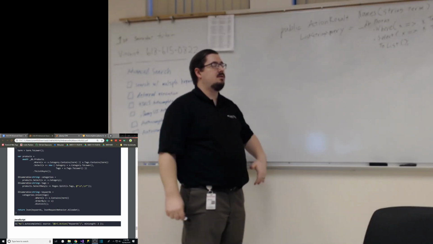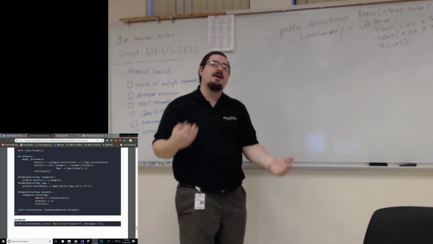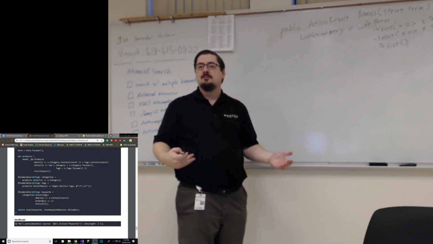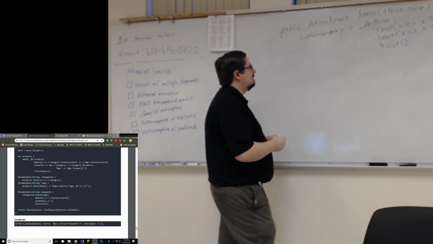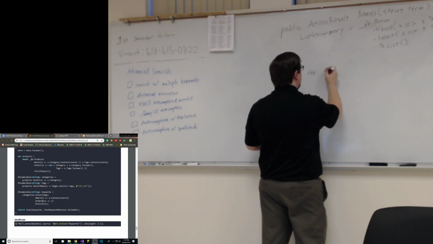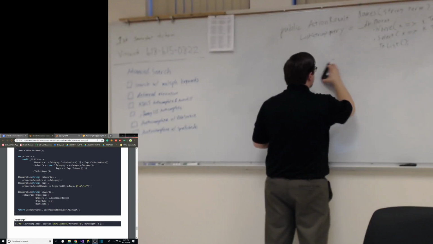So what I want to do is for each of those strings, I want to break it up based on some sort of separator, right? So I want to break it up into multiple strings. So the way I'm going to handle that, I'm going to say var, let's say we'll call this split tags, or maybe I just call this tags.